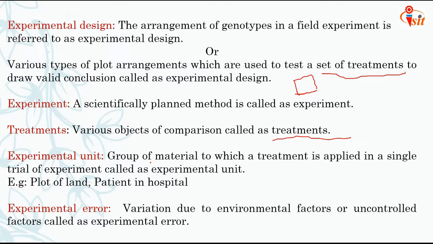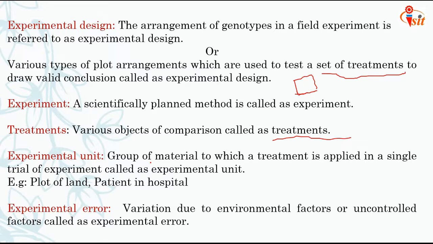If we take the example of patients, then on a group of patients we give different doses of medicine. So the doses of medicine are the treatments, and the experimental unit will be the patient.